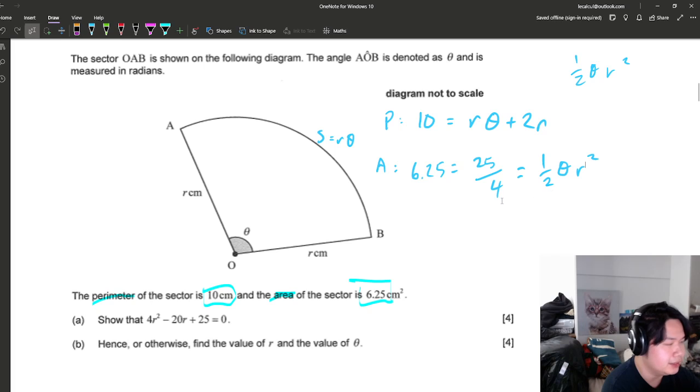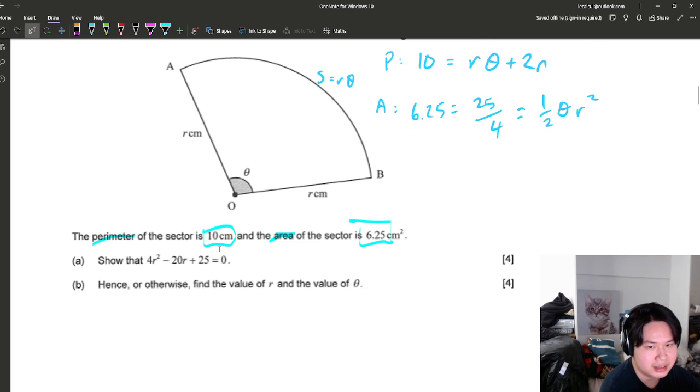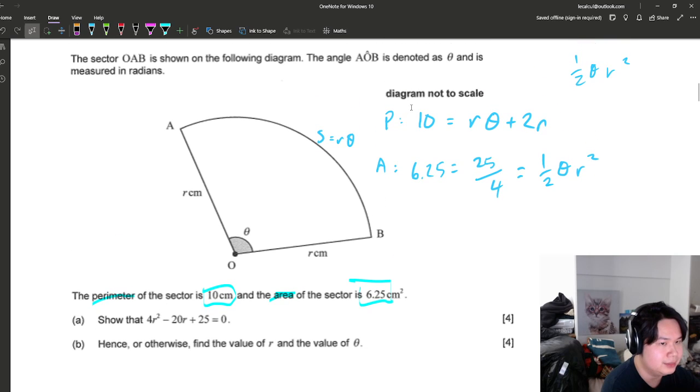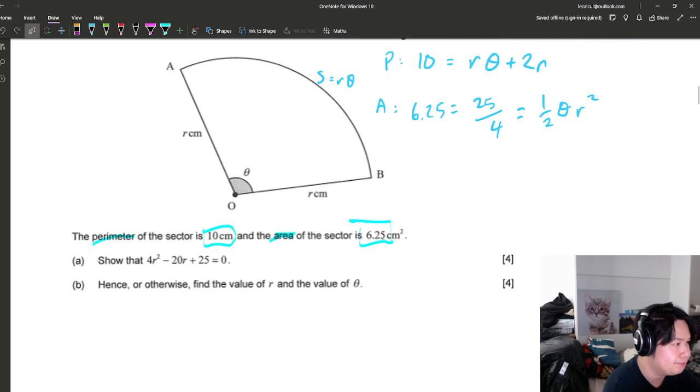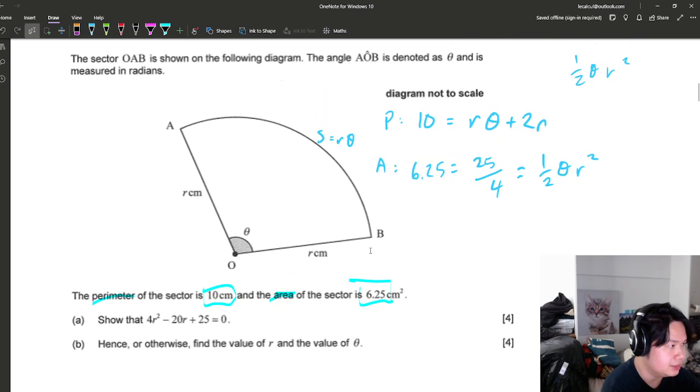Okay, from here, now what is the question? I need to show that this equation is true. And so, where does this even come from? It comes from manipulating these two together. How would you do that? There's no theta in here. So I think what you're going to do is solve for theta in one of these equations, and then do a substitution into the other one.